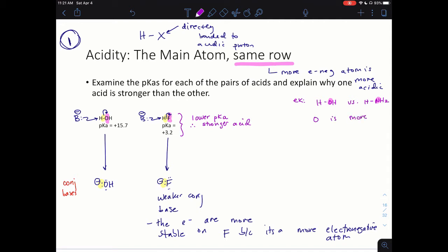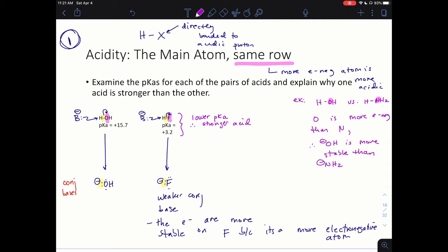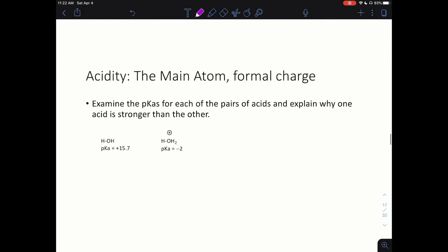Oxygen is more electronegative than nitrogen, so hydroxide is more stable, or lower energy, than amide, the conjugate base of ammonia. Thus, water is a stronger acid. In fact, water has a pKa of 16, while ammonia has a pKa all the way at 35, 38, pretty high. Excellent. One factor down, a couple more to go.